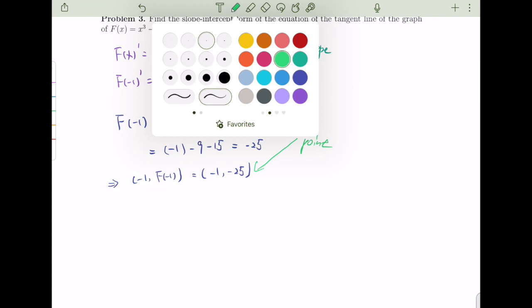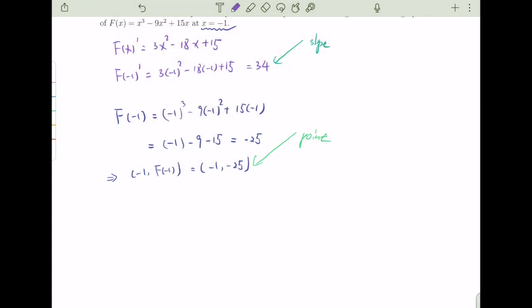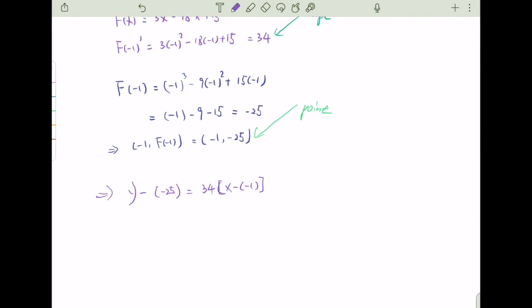Now we use the point slope form, y minus negative 25 equal to the slope 34, x minus negative 1, which gives us that y plus 25 is equal to 34 times x plus 1.